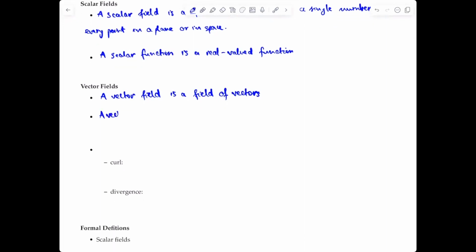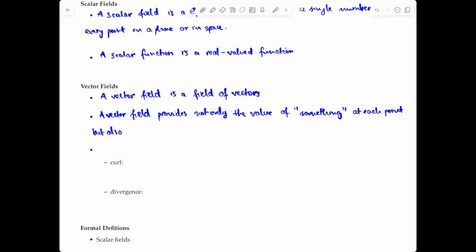So a vector field provides not only the value of something, so bear with me here, at each point, but also the directions in which each value is moving.